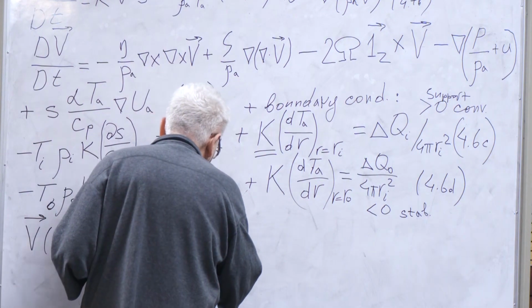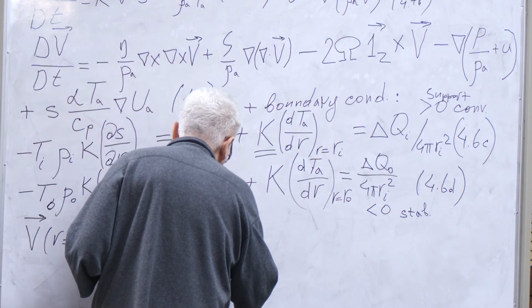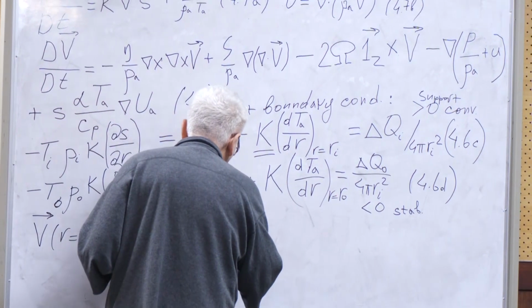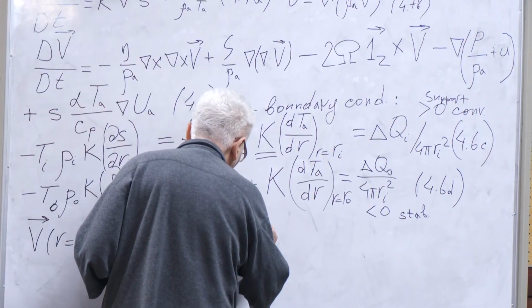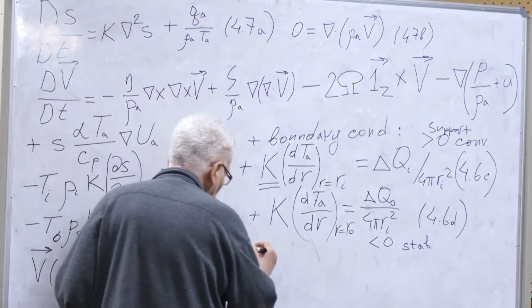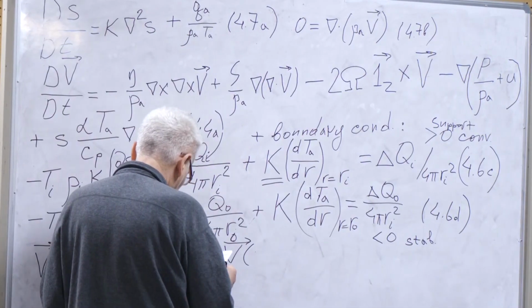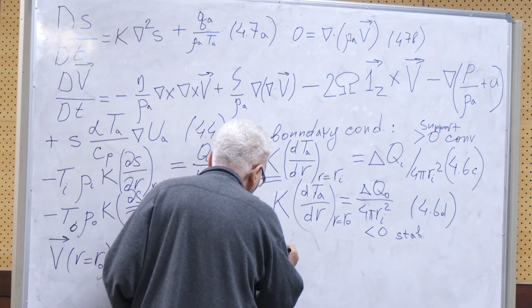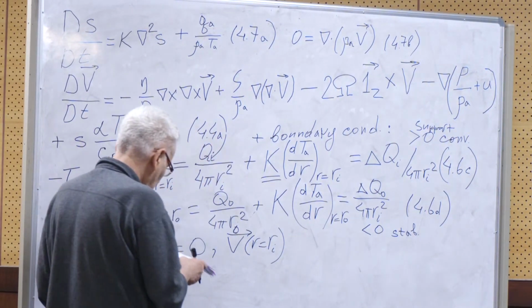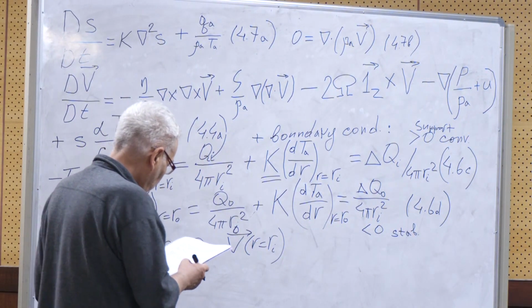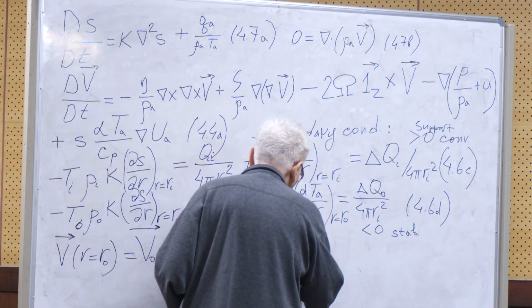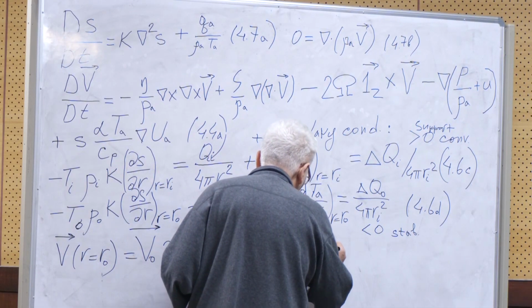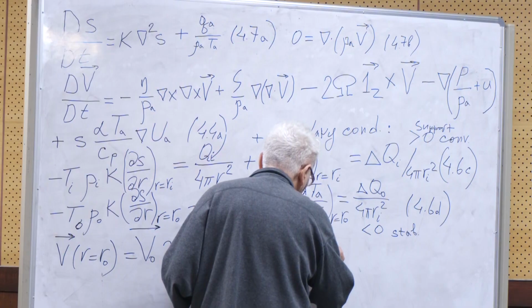However, there is another boundary which corresponds to R equal Ri. And here we can denote it like Vi.